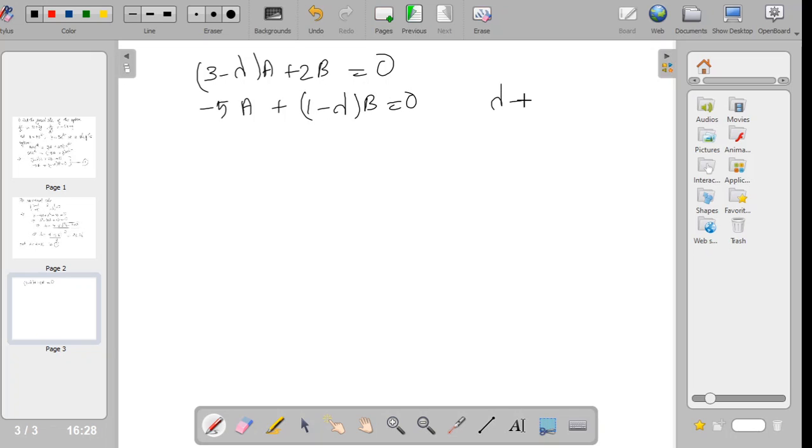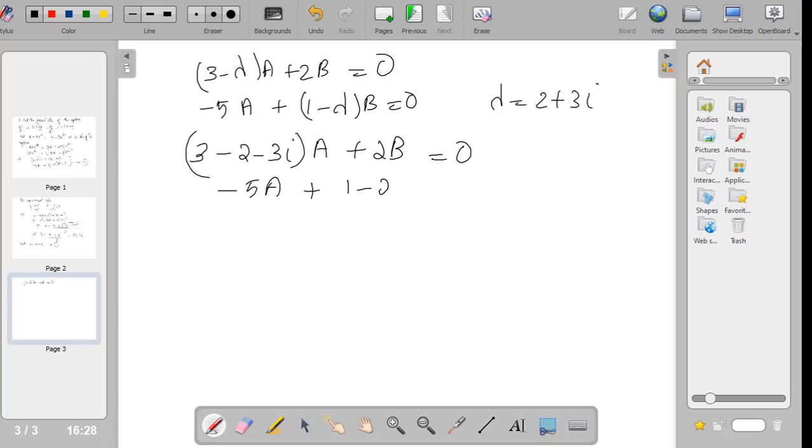So lambda is equal to 2 plus 3i. So you will get (3 minus 2 minus 3i) a plus 2b equal to 0 and minus 5a plus (1 minus 2 minus 3i) b equal to 0.